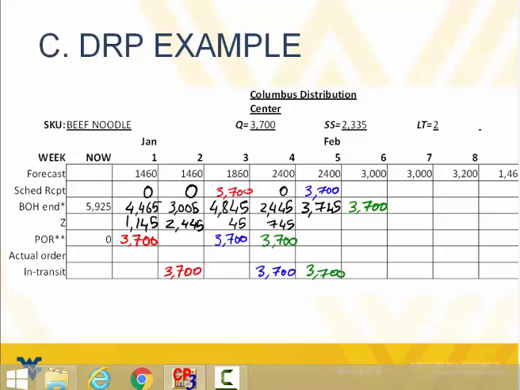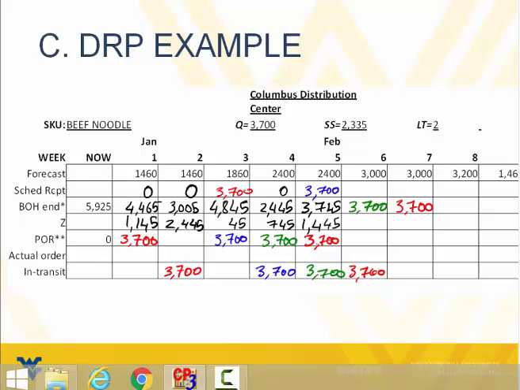My Z value is 1,445. So I have a planned order release, which I receive in period 7.